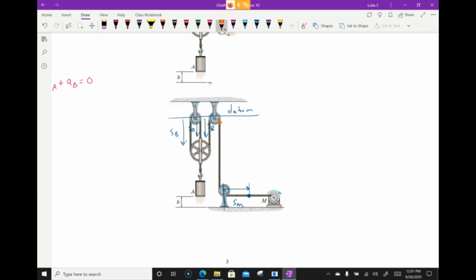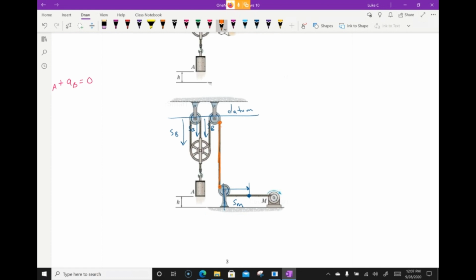Why? Because this section right here, that's in orange, is a constant. That never changes, so you don't even technically have to worry about it. So you would still add these up and you would get the same equation that we did last time.